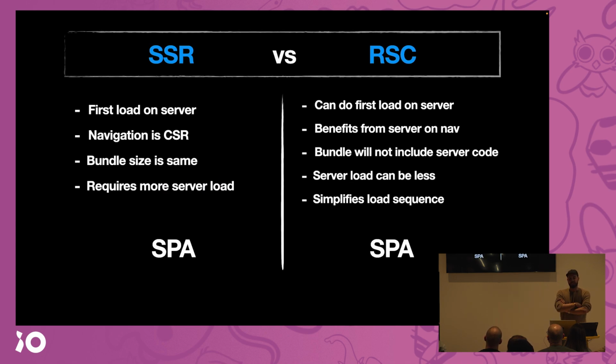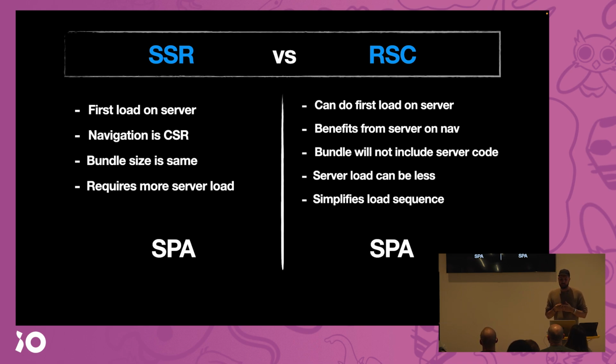So if we want to compare React server-side rendering with React Server Components, we can say server-side rendering gives our application first load from server, but we can benefit from the server on React Server Components with our navigation.